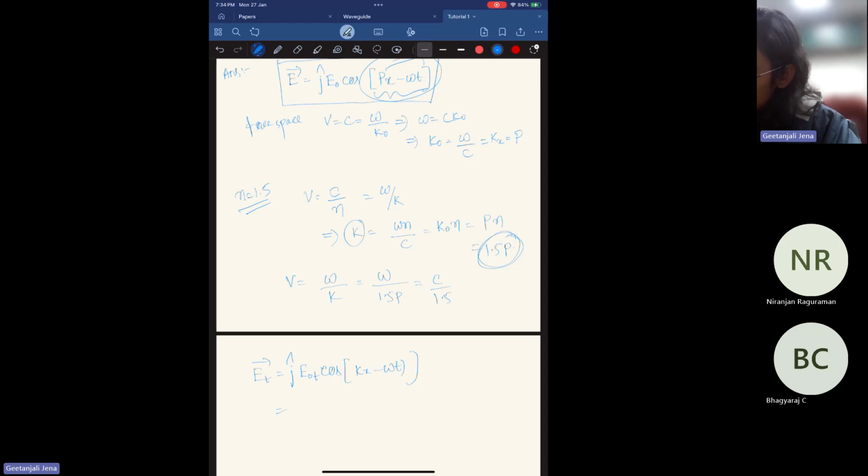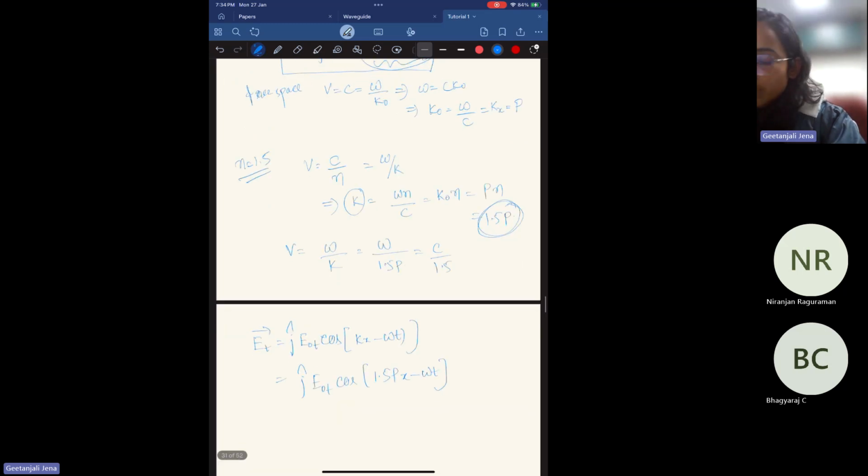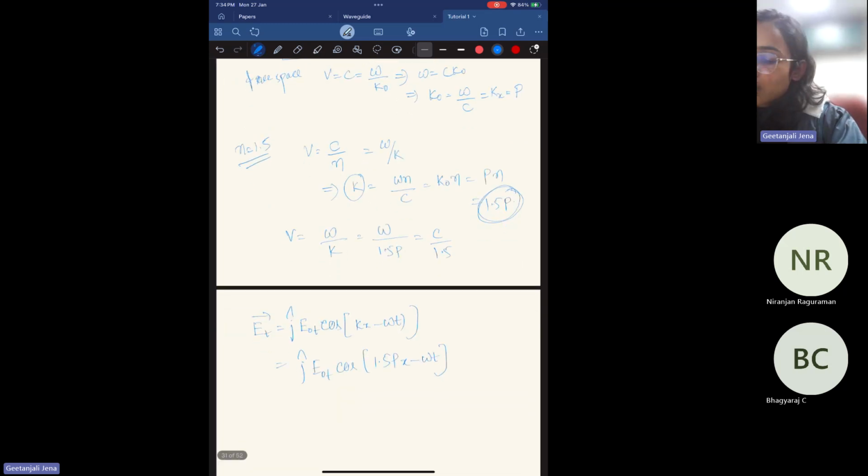So that means it is j-cap E0 cos(1.5 px minus omega t). So you just have to find out what the wave vector is when the plane wave enters medium 2, then you can easily calculate the expression for the transmitted wave and the speed inside this medium.